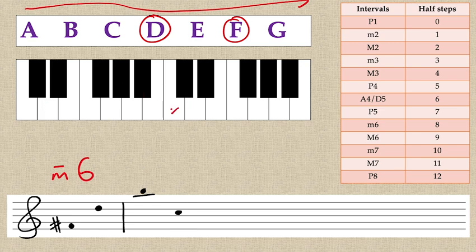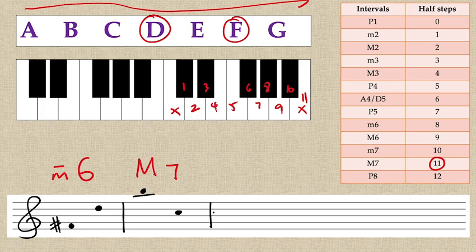We have C and B. Half step 1, 2, 3, 4, 5, 6, 7, 8, 9, 10, 11. There are 11 half steps in between C and B. And we already figured out that this is a 7th for the number portion. 7th, and it has 11 half steps. So this is a major 7th.